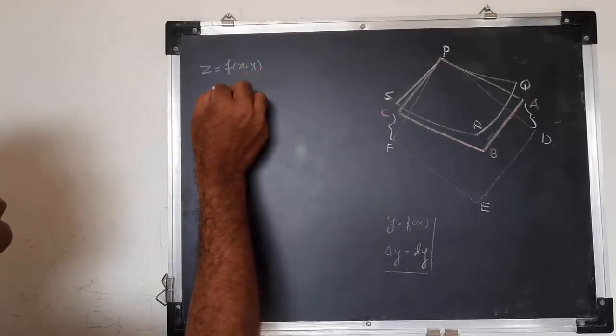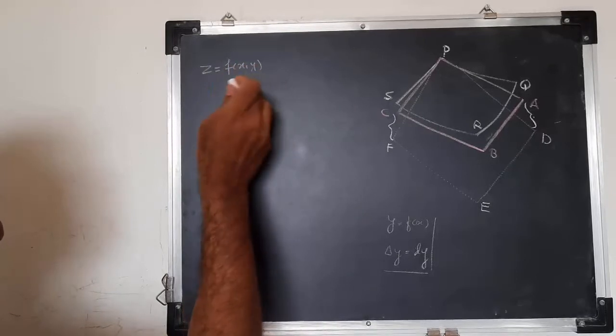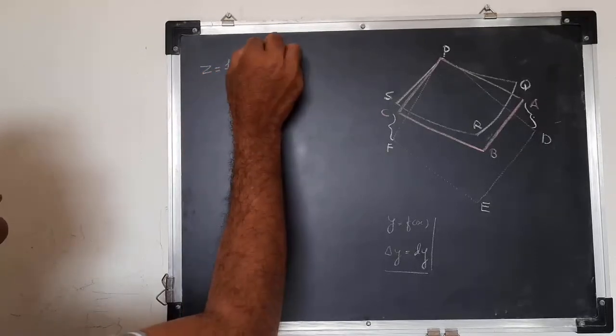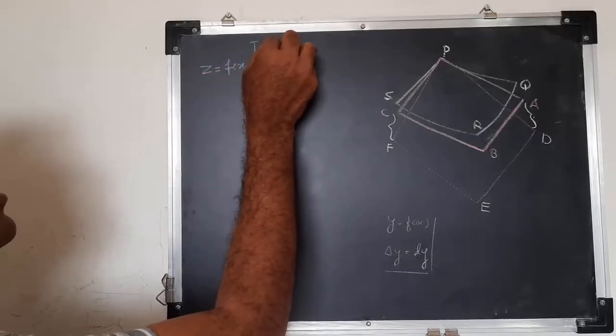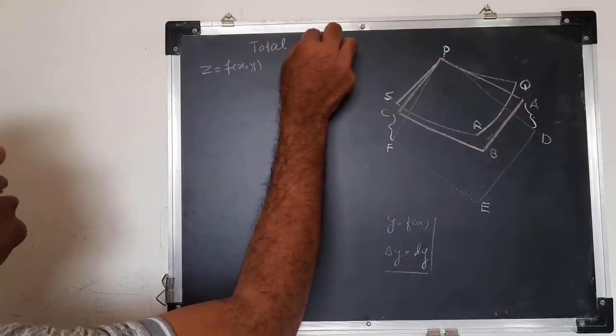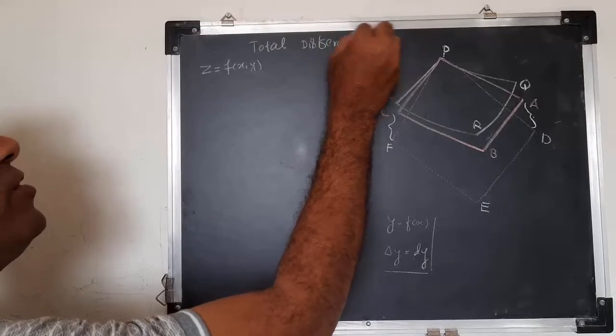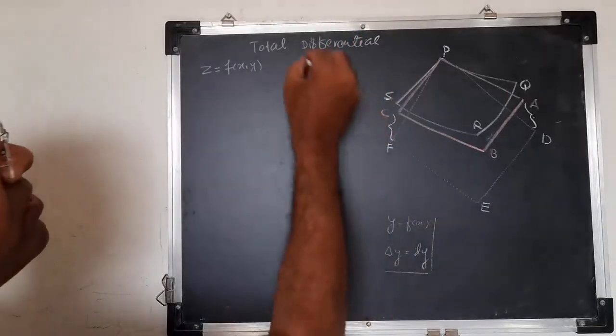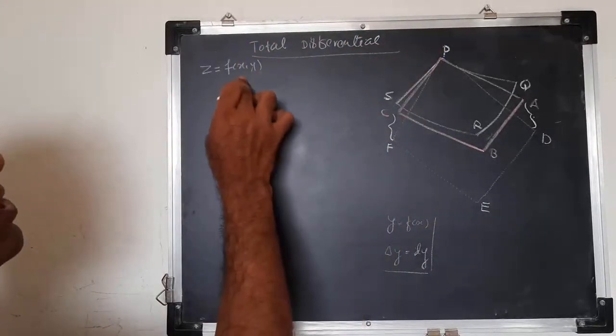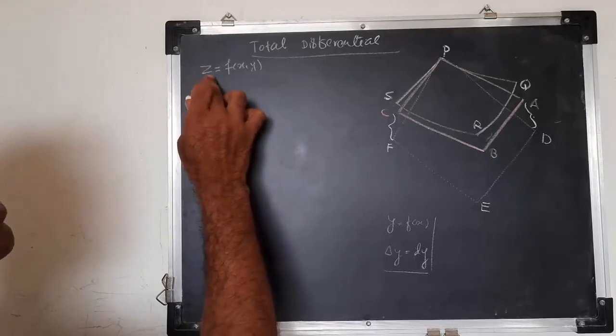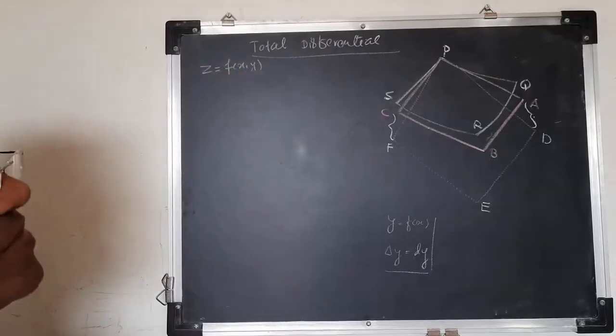So here the two things will be variables. Suppose I want to find out the total, so my aim is the concept of total differential or differentiation.